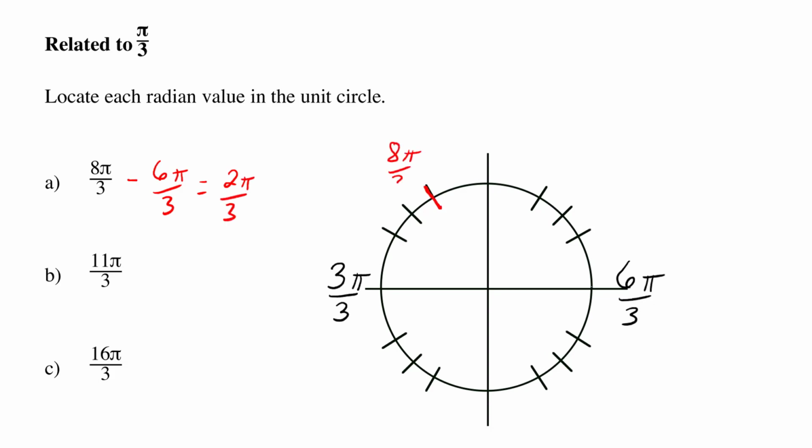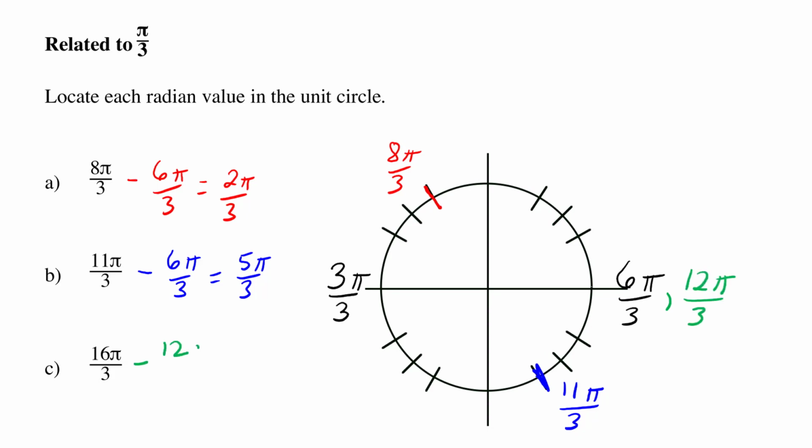Then 2/3 pi is in quadrant 2. It's 60 degrees equivalent in quadrant 2. 5 pi over 3, 5/3 is in quadrant 4. It's not quite 6/3. So it is the same place as 5 pi over 3 in quadrant 4. Same location.